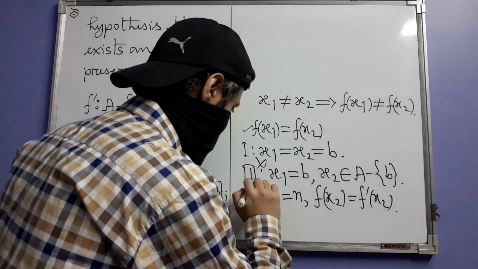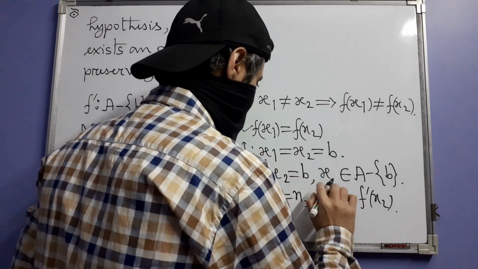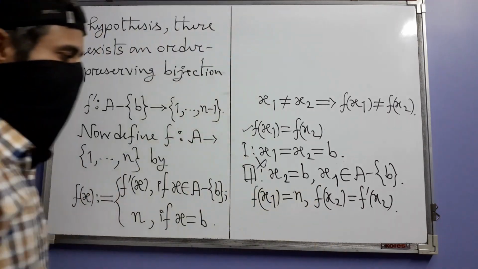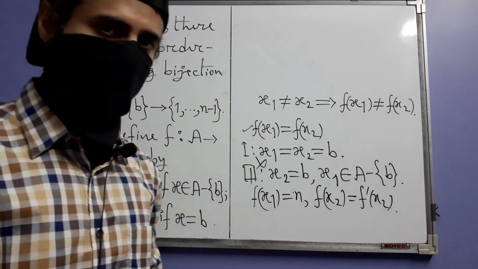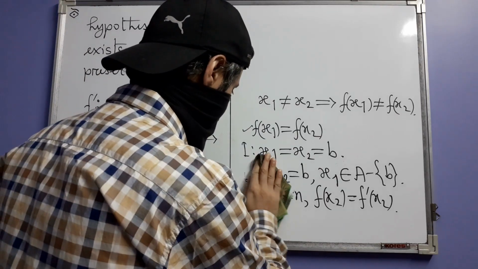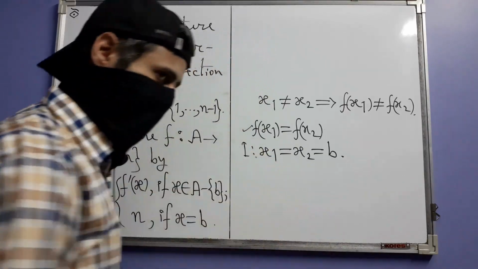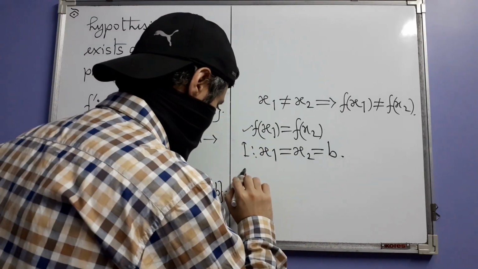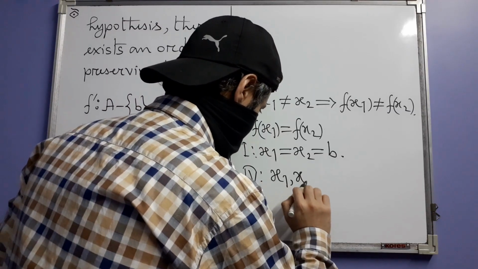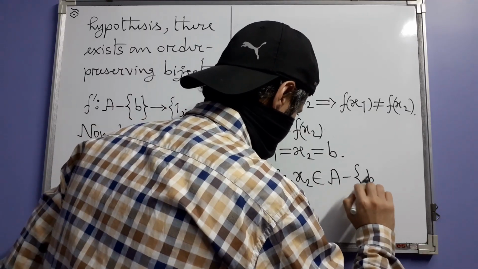Similarly, there is a third one. If x2 is b and x1 lies here, then also you get a similar problem. So that case also does not arise. There is, however, a fourth case. The fourth case is this. x1 and x2 both lie here.